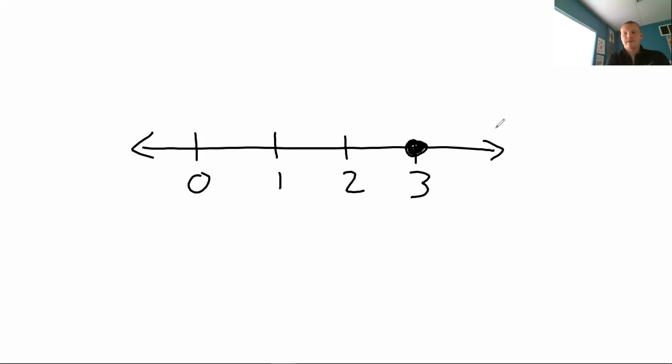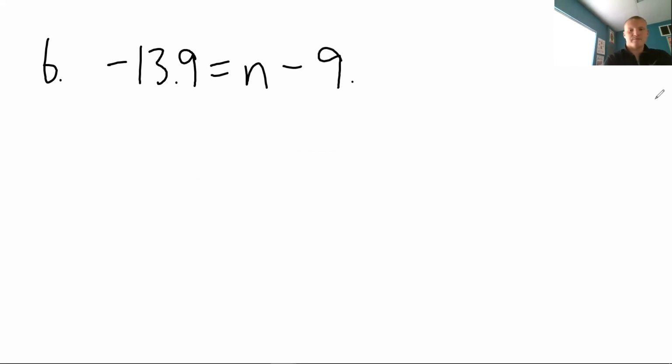Yep. So letter B, I have negative 13.9 equals n minus 9.7. So Madeline, what's the first step I'm going to do right here to solve for n?